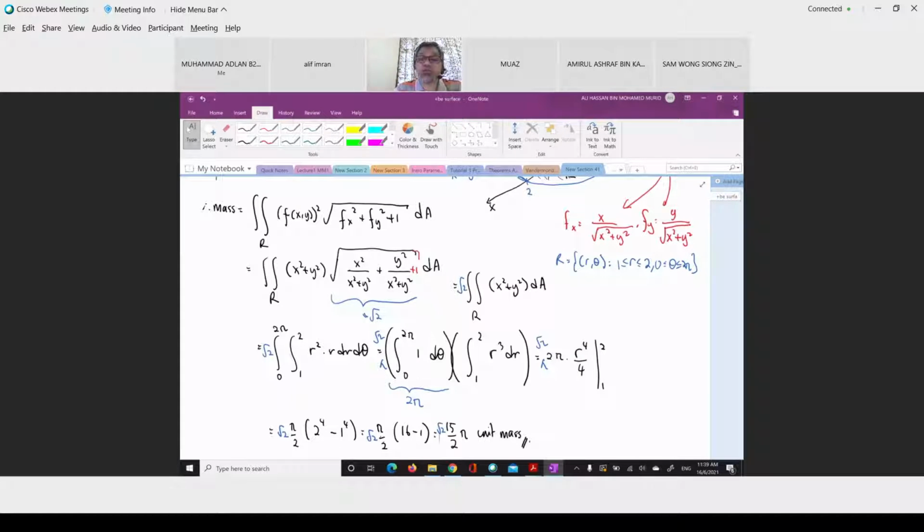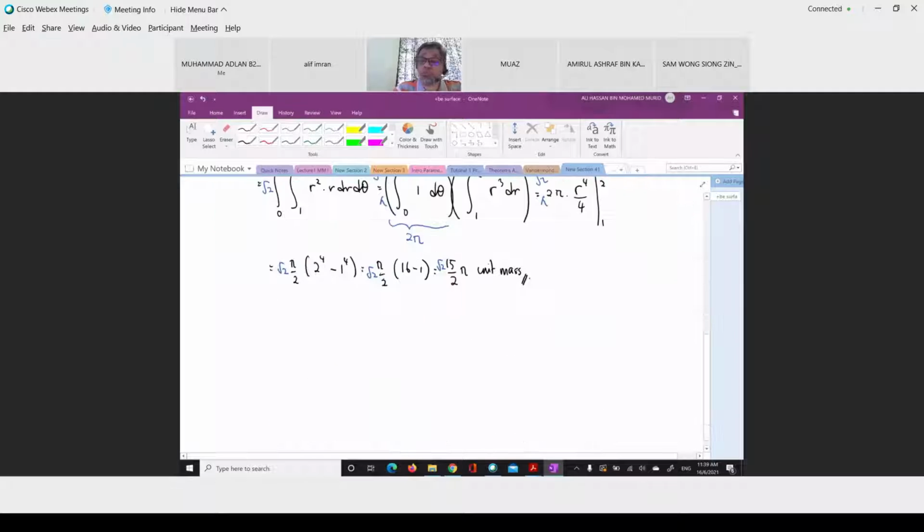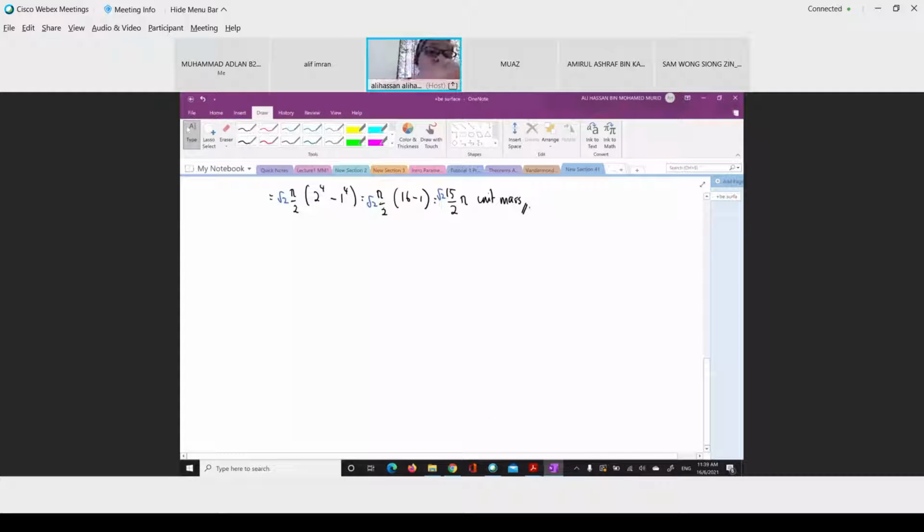Let's look at another example of evaluation of this surface integral.